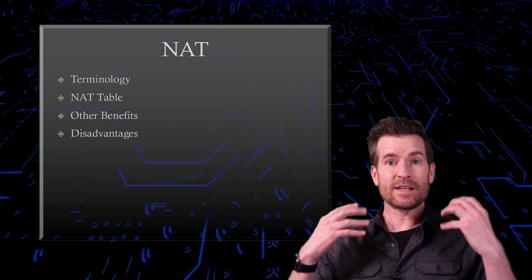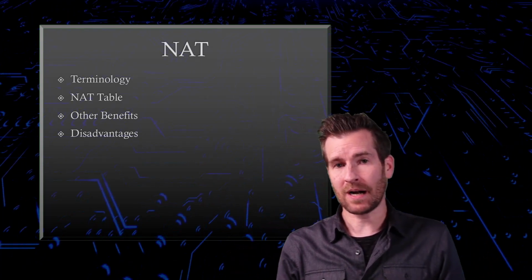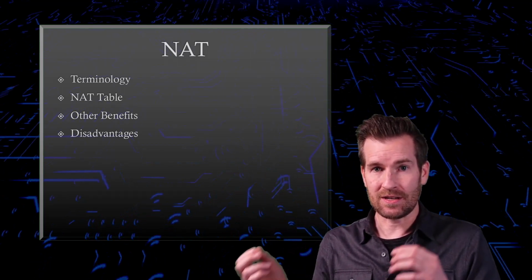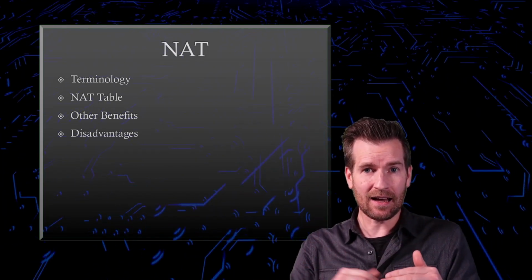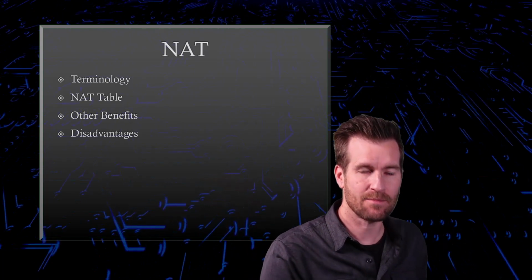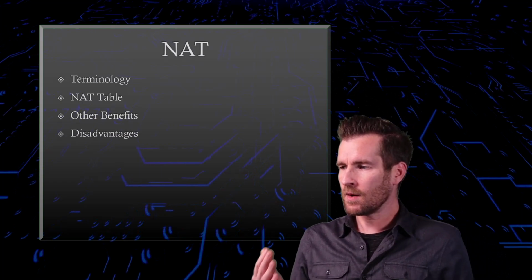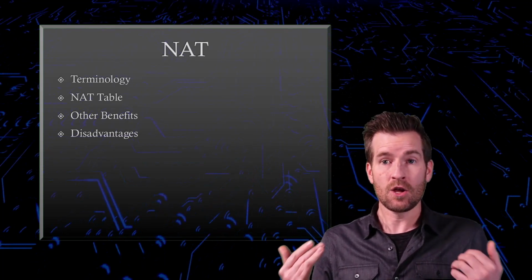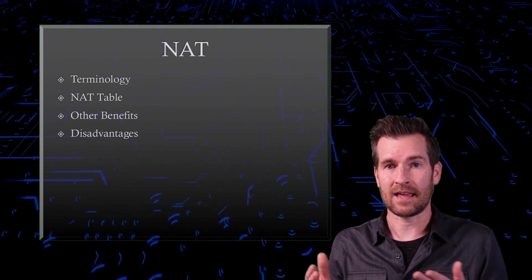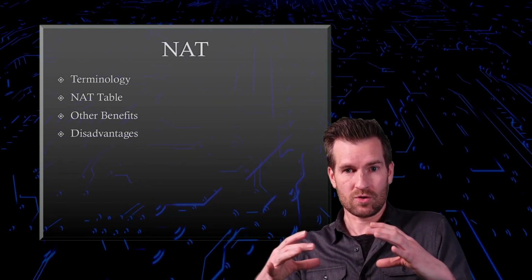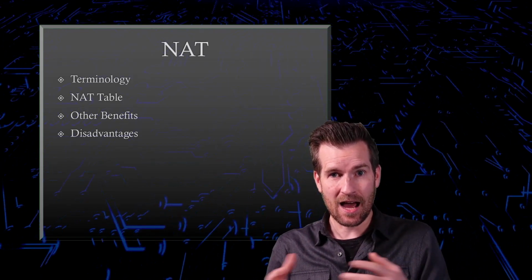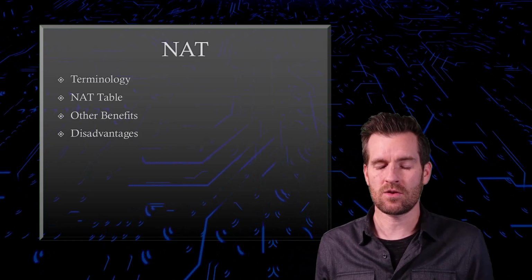So there you have it. We talked about some of the terminology, which you'll probably see on the test. We talked about the network address translation table, the thing that keeps track of what's getting translated, so when that traffic comes back, it can get translated back into your local network. Then we talked about some of the other benefits to network address translation, things like security and being able to change your network diagram and really map things out because you have a bunch of addresses that you can use.